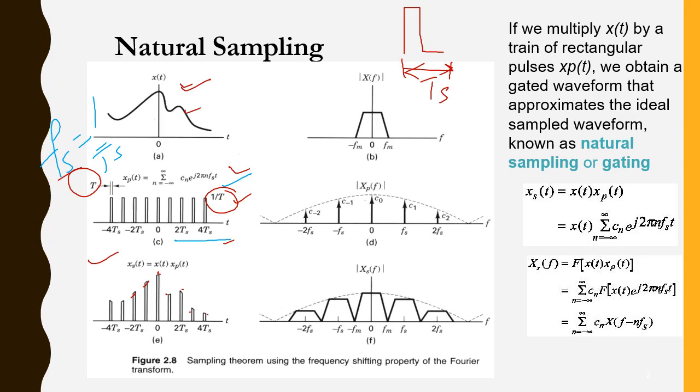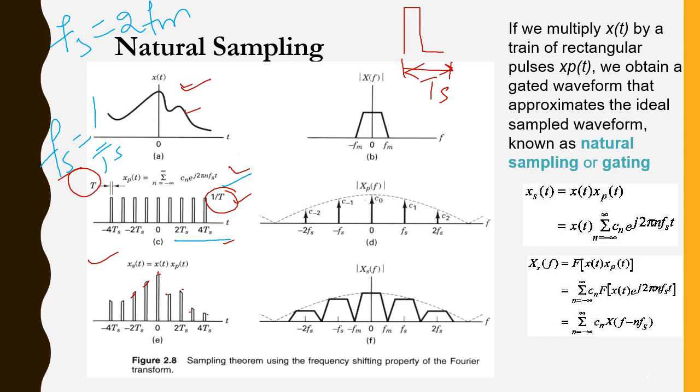For this case, let us follow the Nyquist criterion, that is fs equal to twice fm, such that our samples lie just beside each other when it is constructed.